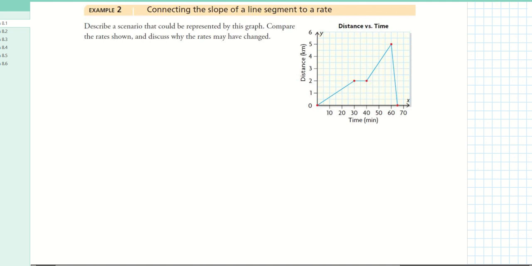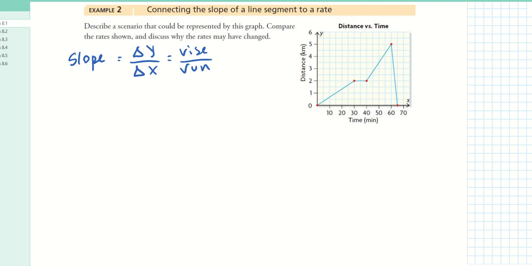Remember, slope is the change in height or change in y over the change in x, or rise over run. That's the definition of slope. Delta y, delta x is just a quick way of saying change in y, change in x. Delta means change in something, so final minus initial.